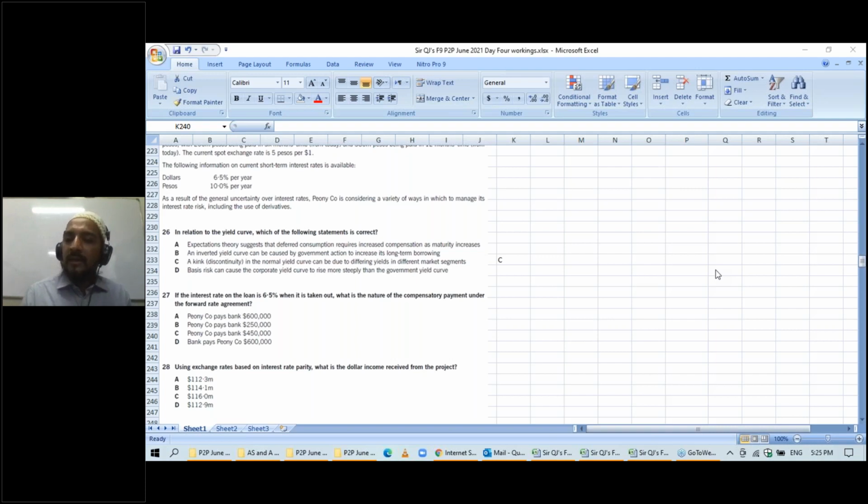The areas where you are strong, keep them aside for some time and invest more time in the areas where you are weak, like risk management, like factors, like the theoretical areas in business valuations.